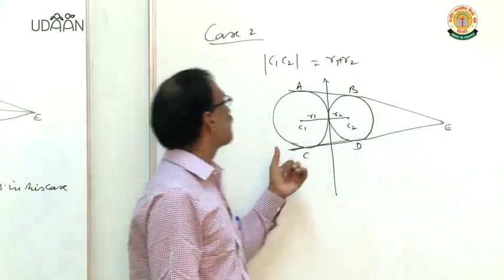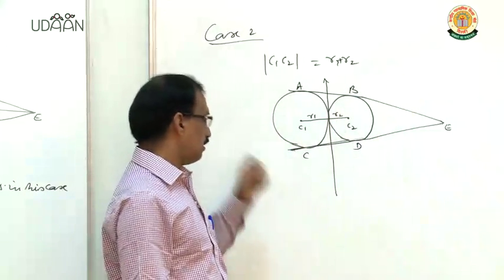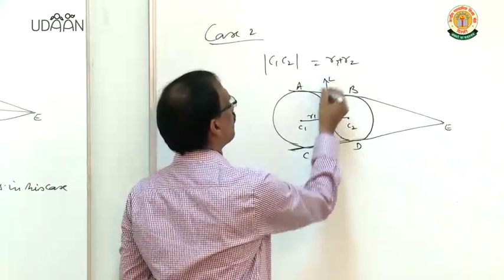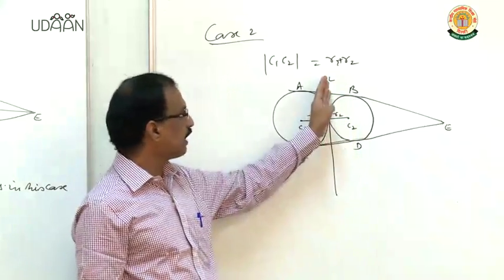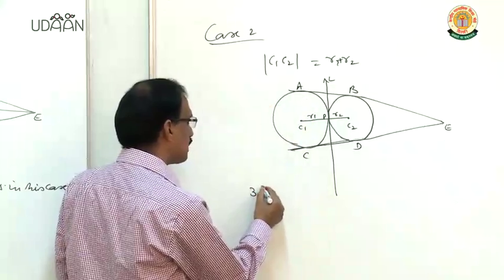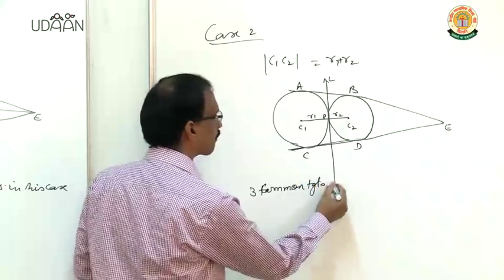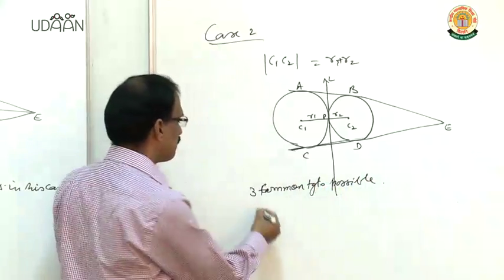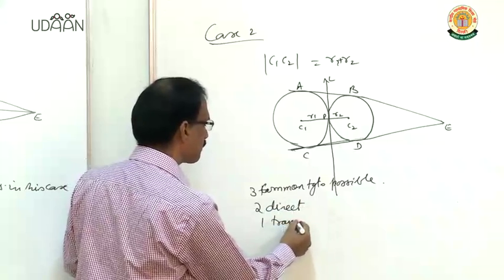So ABE and CDE are 2 direct common tangents, and this LP is another tangent, that is a transverse common tangent. So in this case there are 3 common tangents possible, that is 2 direct and 1 transverse.